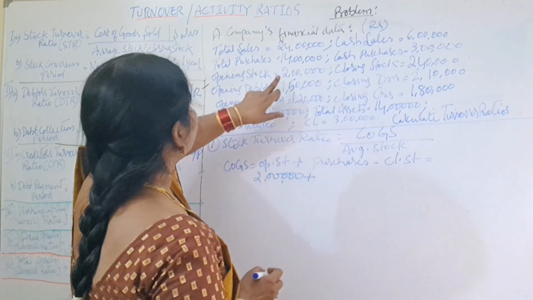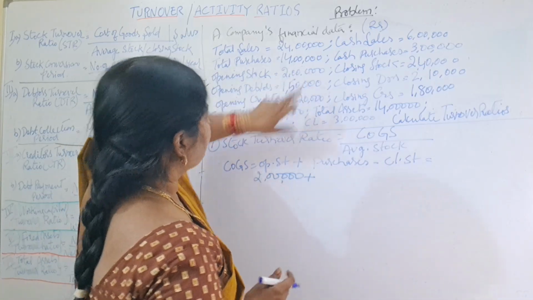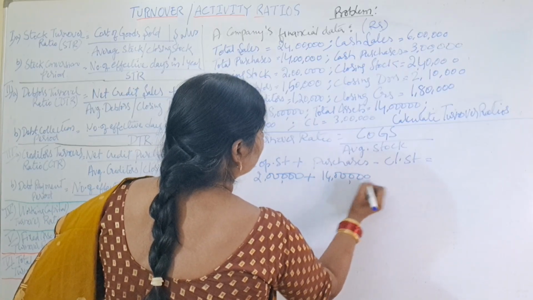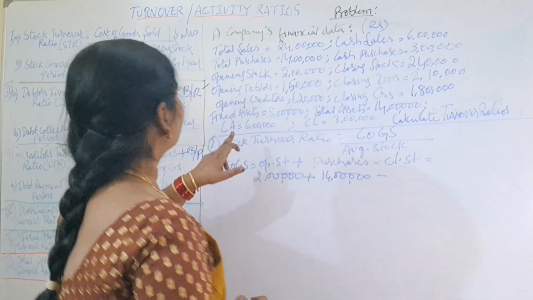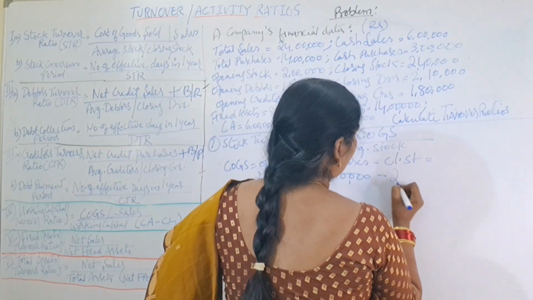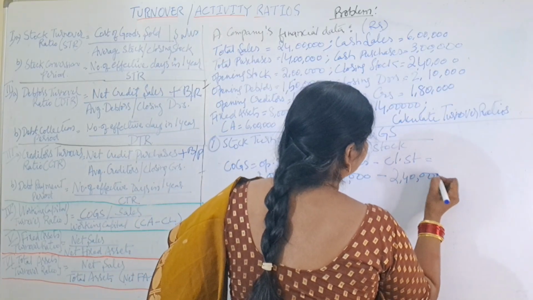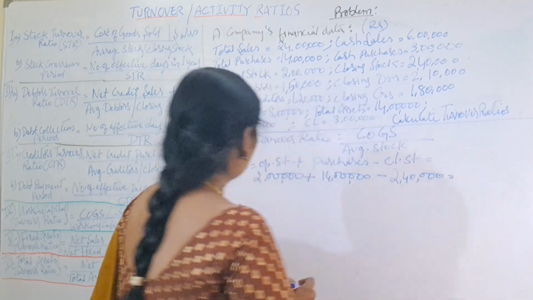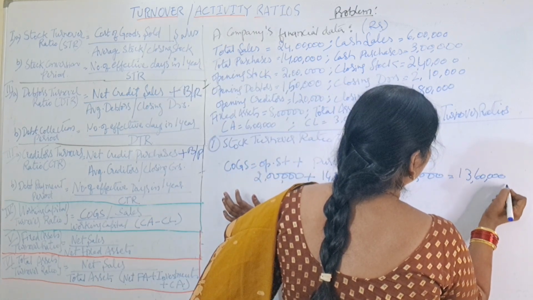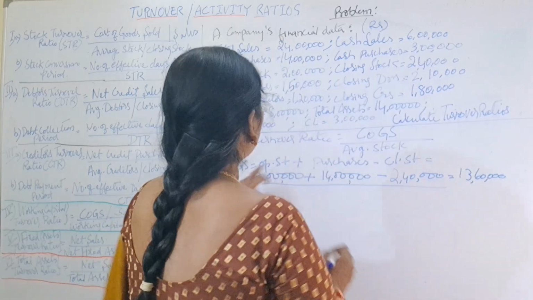And what is our purchase amount? Total purchase is 14 lakhs minus our closing stock. Closing stock is how much? 2 lakhs 40,000. So 13 lakhs 60,000, divided by average stock.